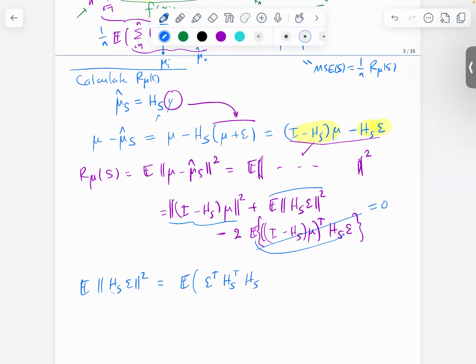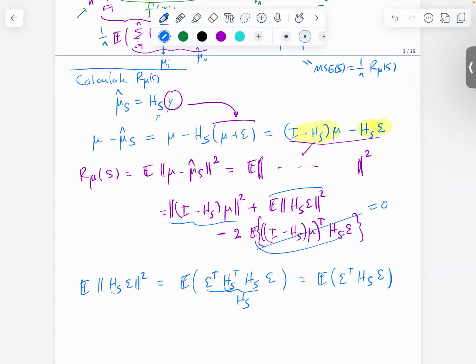The transpose of this would be that, and then this, but this is Hs, right? Because Hs is an idempotent symmetric matrix, so we get the expectation of epsilon transpose Hs epsilon. What is next? How do I deal with this?